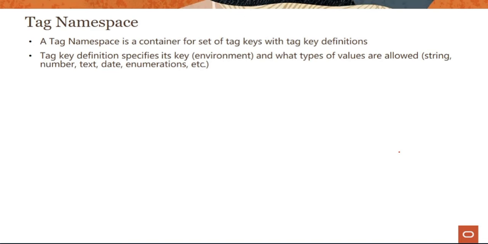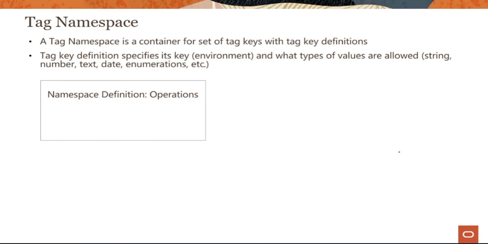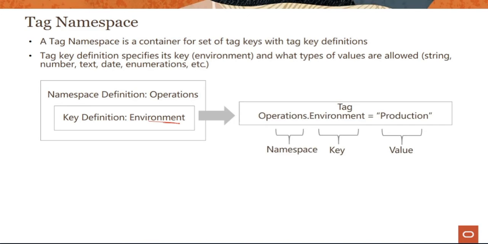As we saw, a tag namespace is nothing but a container for a set of tag keys with tag key definitions. Now, what does that look like? The tag key definition specifies its keys. In this case, we defined a namespace called operations, and we have a key which is called environment, and we could specify what kind of values are supported for this key. Right here we could say that it's a string, or we could say it's a text or a number, and so on.